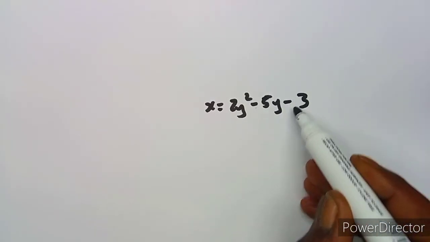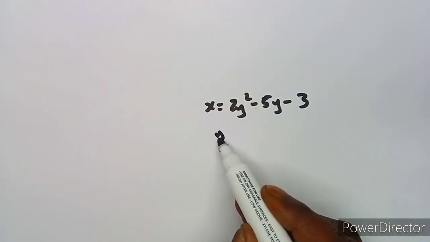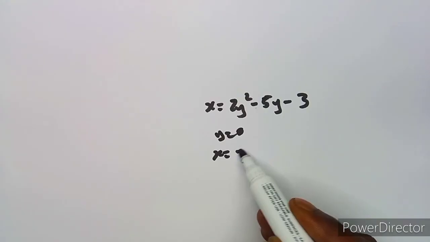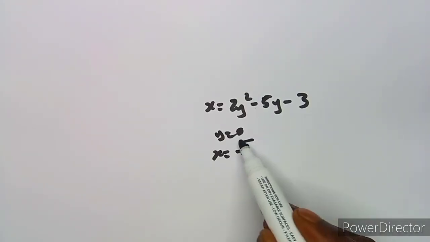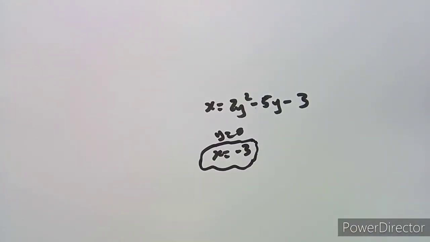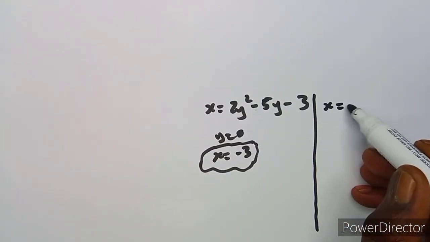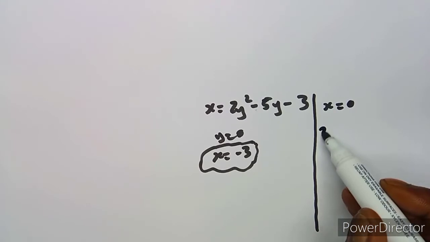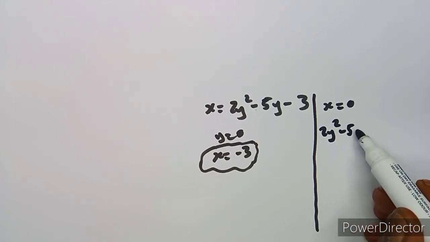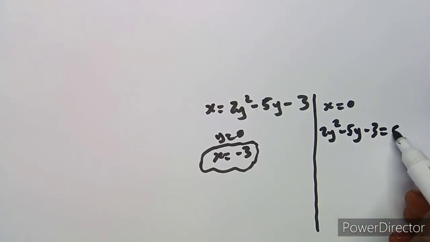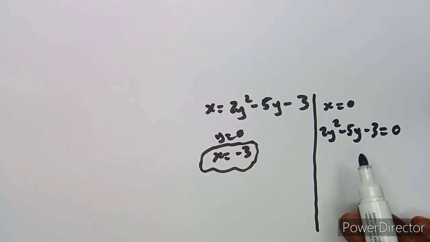x is going to be -3. When y is equal to 0, x is equal to -3, which means this graph crosses the x-axis at -3. Then for the y-intercept, x is supposed to be equal to 0. So you're supposed to solve the equation 2y squared minus 5y minus 3 is equal to 0. You can do it by factorization, or by the quadratic formula.